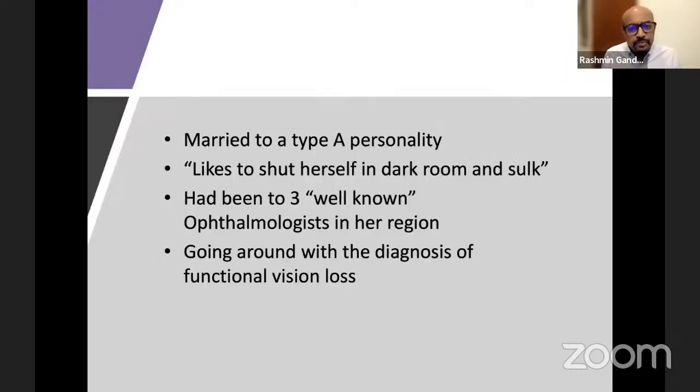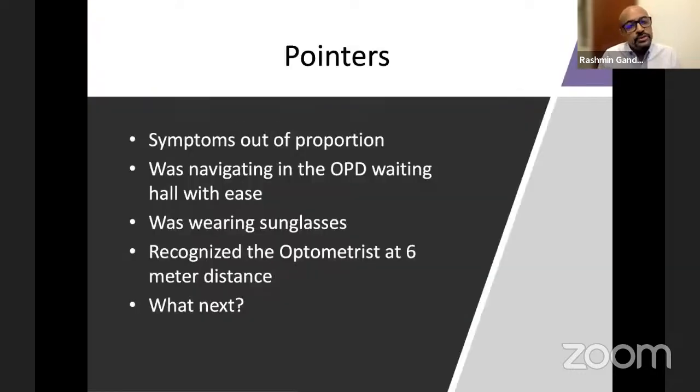She was married to a type A personality who was very active in politics, and the husband kept saying that she just likes to shut herself in a dark room and sulk. She had gone around the town, and a lot of the teams had told her that this is more likely to be a non-organic vision loss.